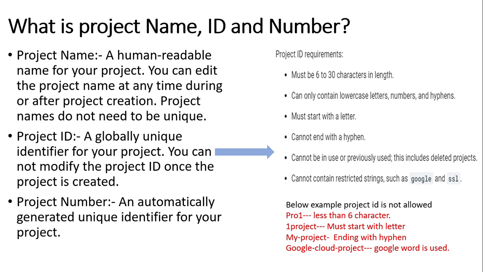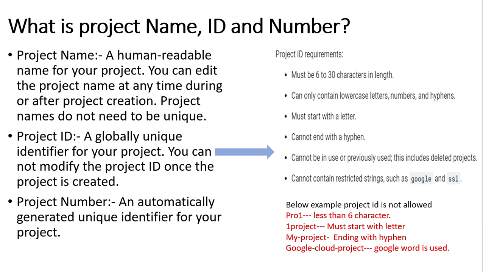Next is project ID. Project ID is a globally unique identifier for your project. It should be unique all over the world, or you can say universe. You cannot modify the project ID once it is created. So project ID cannot be modified later, and it should be unique globally. These are the set of requirements, or rules, while defining a project ID.